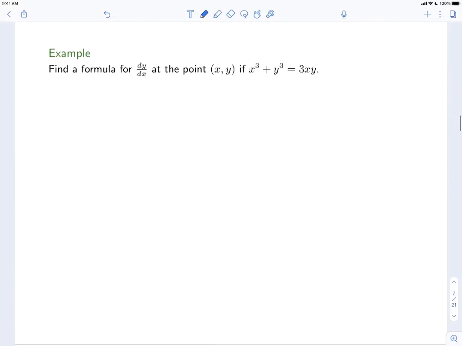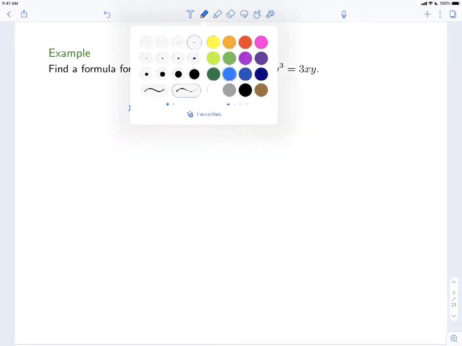So here's the equation for our Folium of Descartes, x cubed plus y cubed equals 3xy. So we start by writing that down. X cubed plus y cubed is equal to 3xy. And now we differentiate both sides with respect to x.